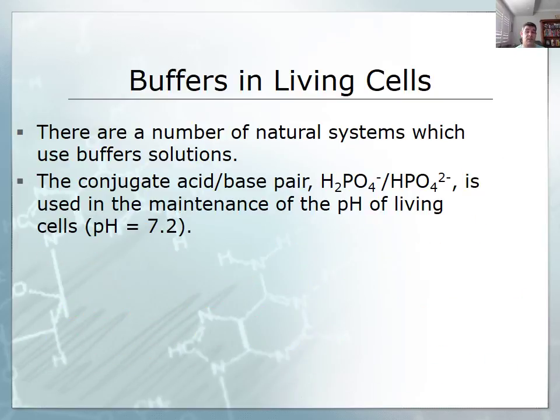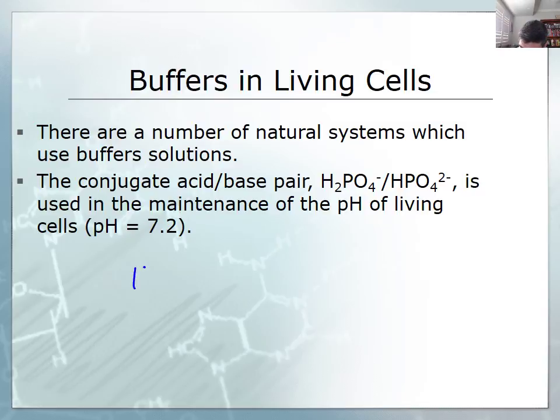Buffers are very important in some natural systems, and it's important to make sure that you have one or two of these that you can use to explain buffers in natural systems. One of the important buffers in living cells is the one that occurs between the dihydrogen phosphate and the hydrogen phosphate ions as a conjugate acid-base pair.